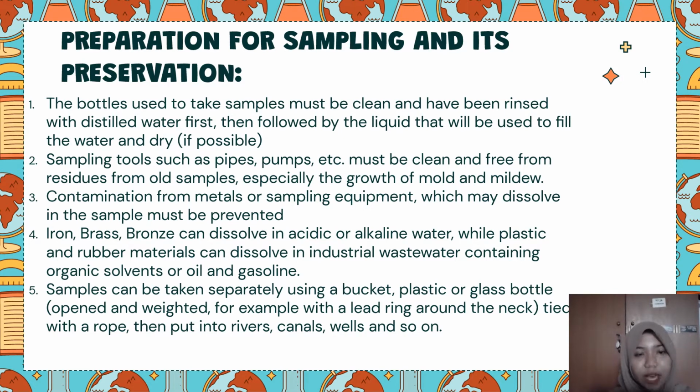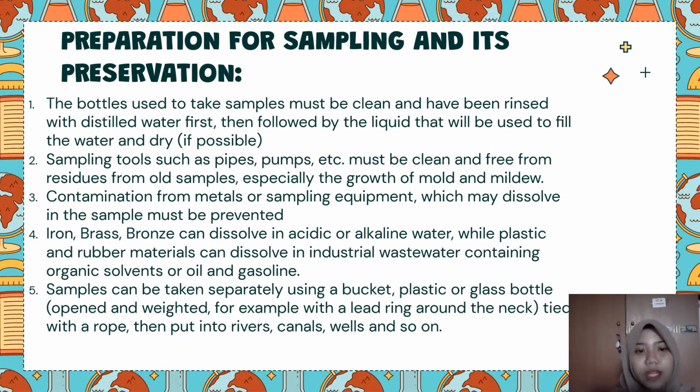Okay, the first, the bottles used to take samples must be clean and have been rinsed with distilled water first, then followed by the liquid that will be used to fill the water, and dry if possible. 2.